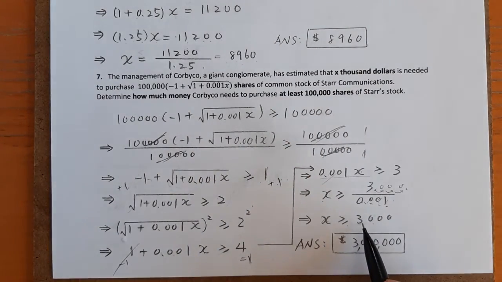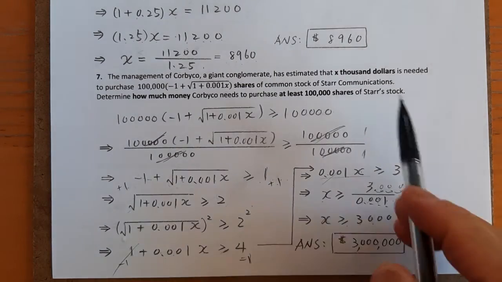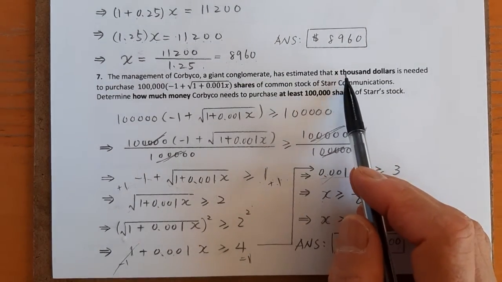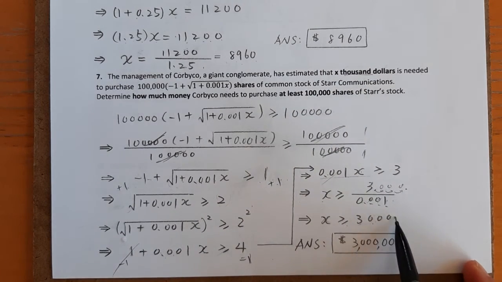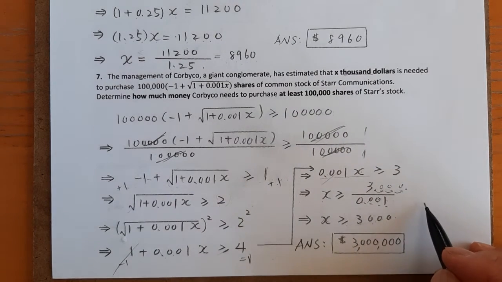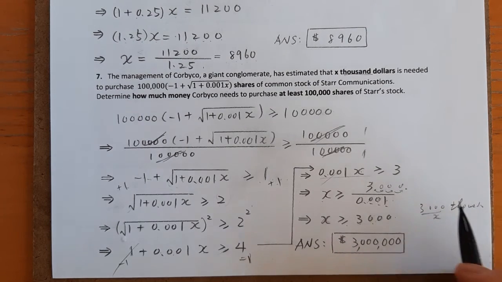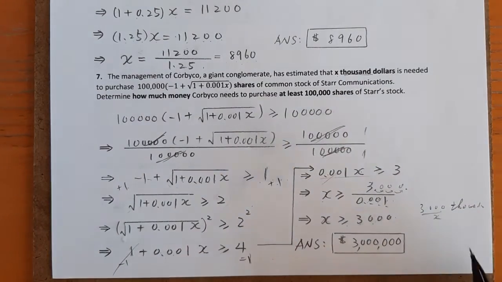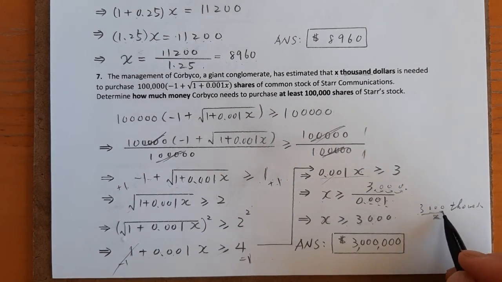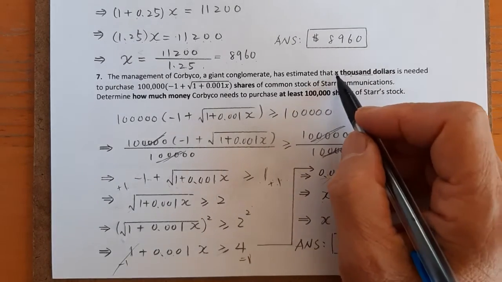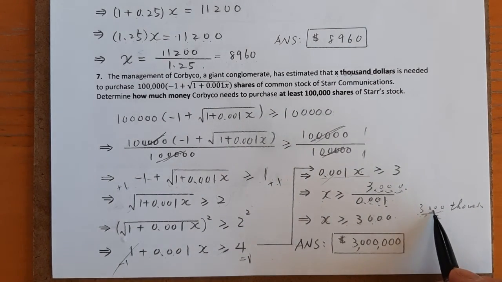X is in thousands of dollars, so it's 3,000 thousand dollars.